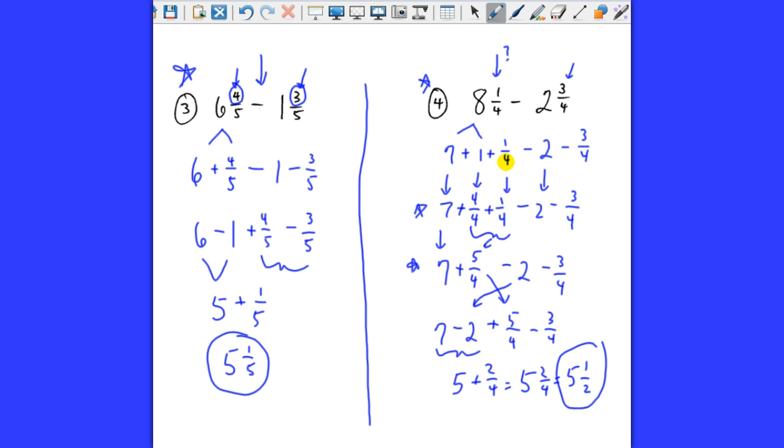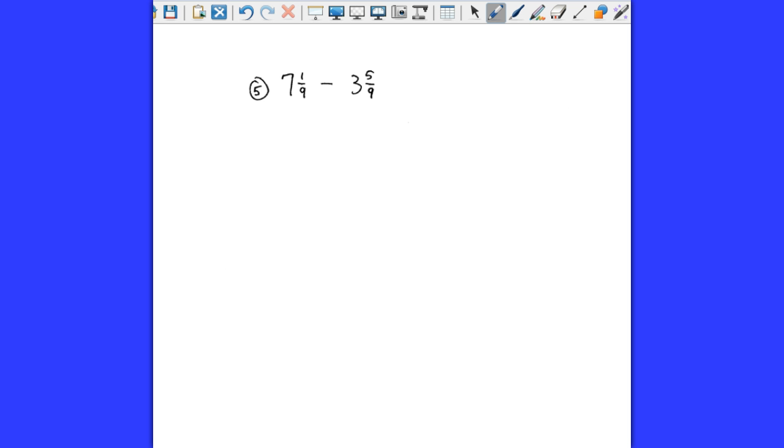Let's look at one more difficult one, just so you can see the problem, just reinforcing what I just taught you here. 7 1/9 minus 3 5/9. All right. Well, again, here's what I did. I take a look at this 1 and I ask myself, if I have 1, can I take away the 5?